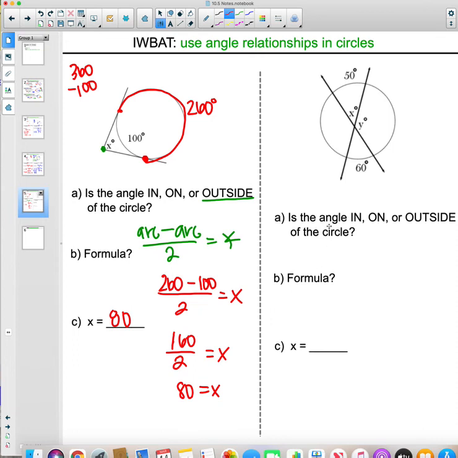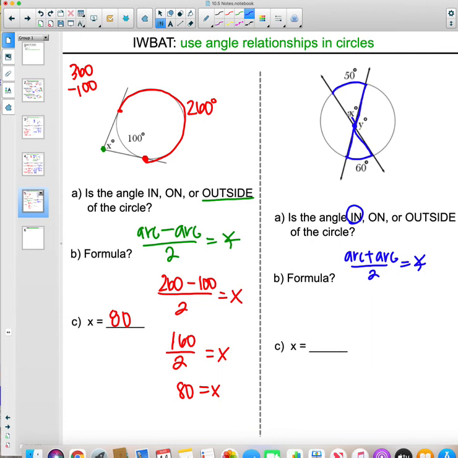All right, final one. So inside, outside, or on. So we see an angle inside the circle. So that's going to be arc plus arc divided by 2 equals the angle. So we need to make sure we do the right arcs. So here's x, so this arc and this arc. These are the ones that are the crust of this pie, right?